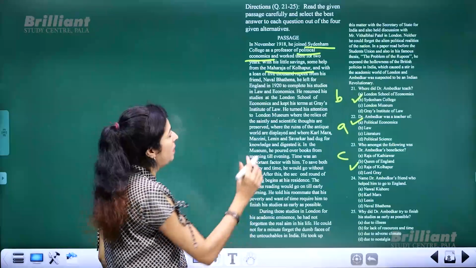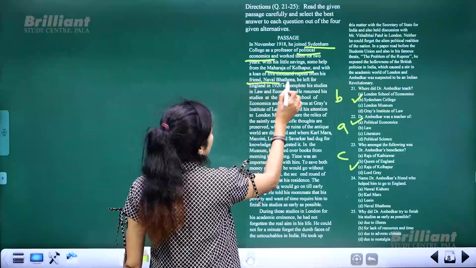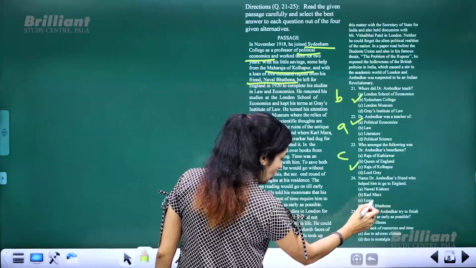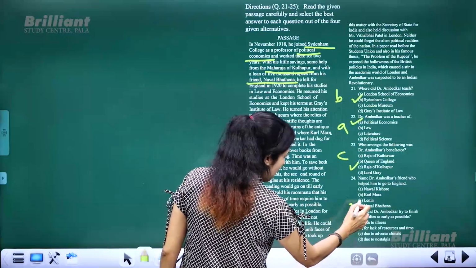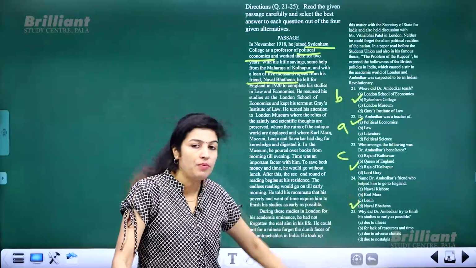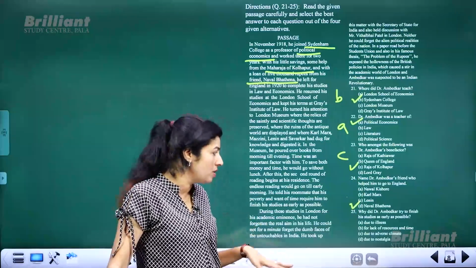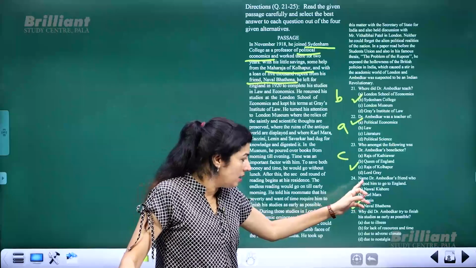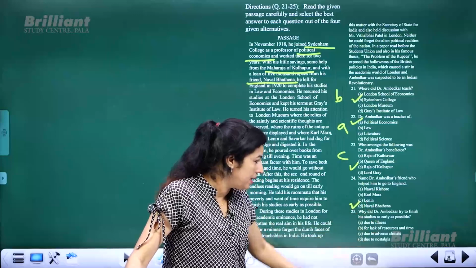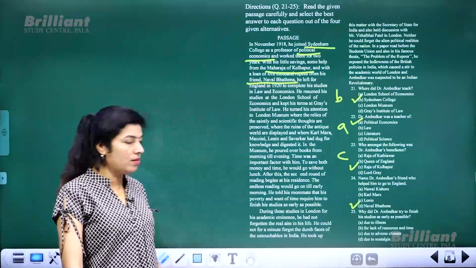So his friend Naval Bathena. Remember, two options are given with the same first name, so do not get confused. It is Naval Bathena, not Naval Kishore, and not Karl Marx or Lenin.